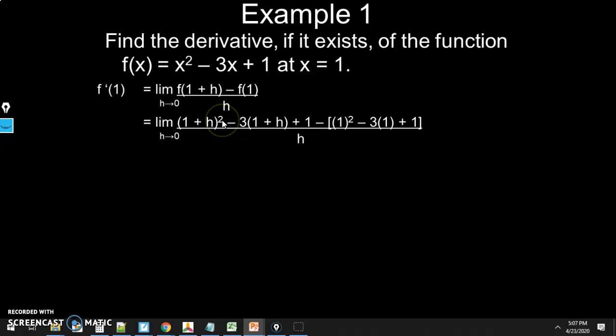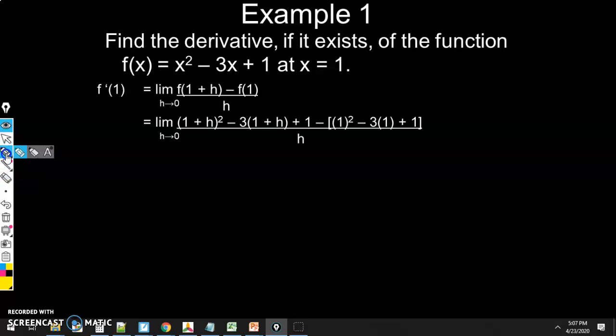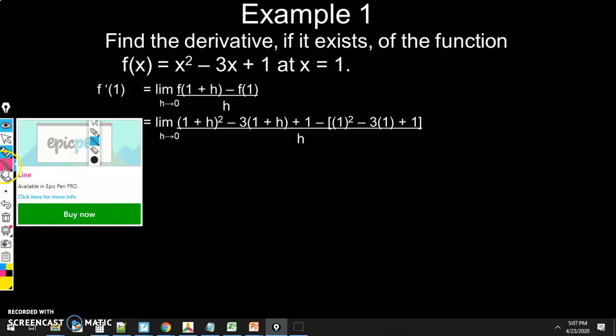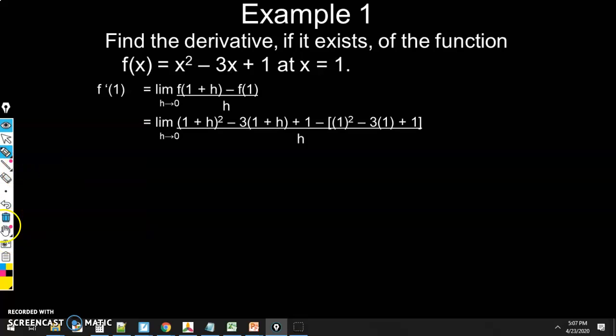We're not distributing the exponent. Remember, 1 plus h squared is 1 plus h times 1 plus h. Okay, you don't want to multiply that wrong. That would cause the whole thing to get very wrong, very quickly. So let me show you here.